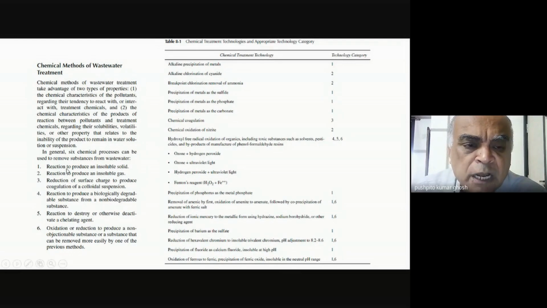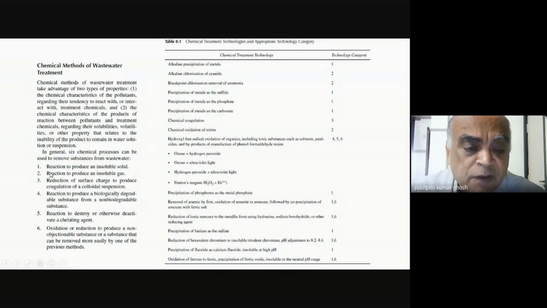We know that, for example, hydroxides of metals or oxides are mostly insoluble. Some sulfides are highly insoluble, like mercury. So maybe you can just precipitate it out. Now, in some cases, you cannot do that.